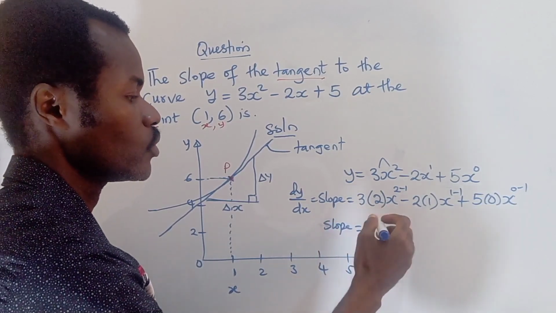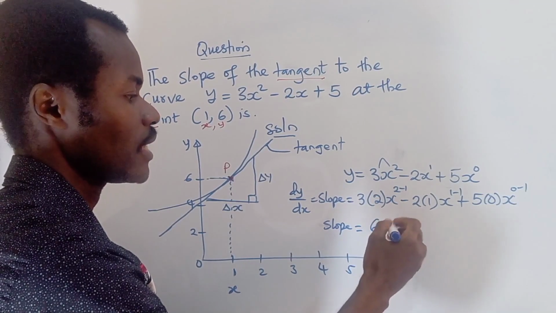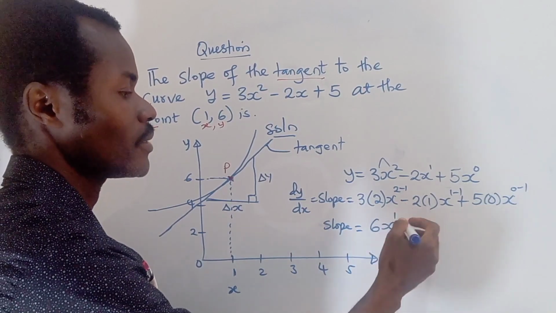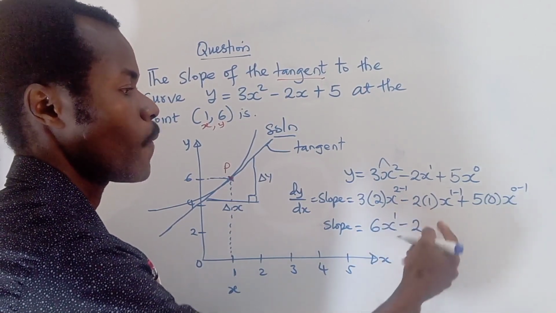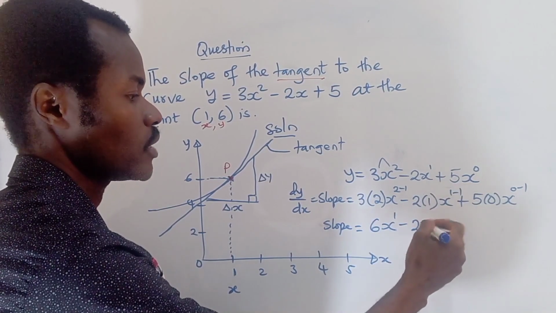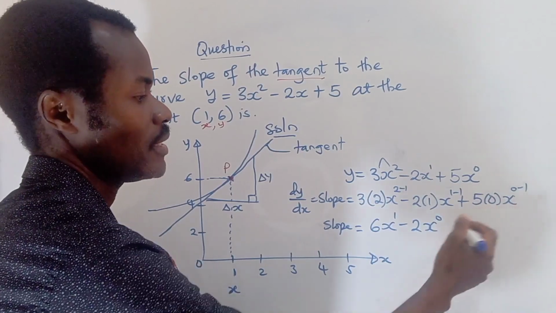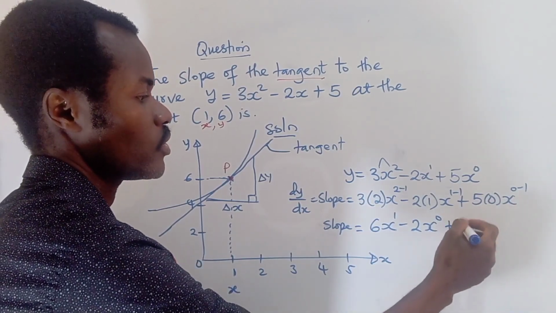Now that we have all that, our slope is what? 3 times 2 is 6. So we have 6x raised to the power of 2 minus 1, which is still 1. Minus 2 times 1 is 2, x raised to the power 1 minus 1 is 0. Here we have plus 5 times 0, and times this is still 0, so we have plus 0.